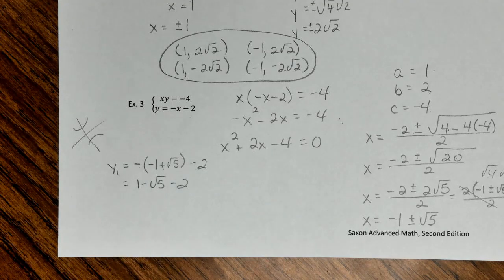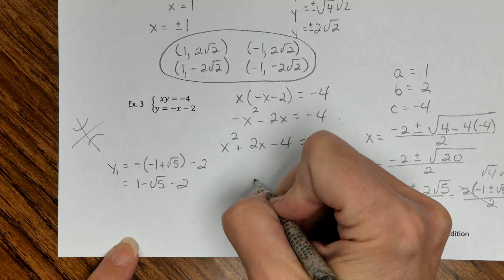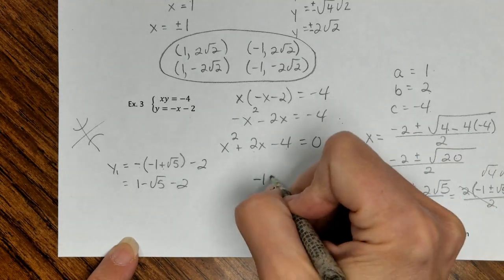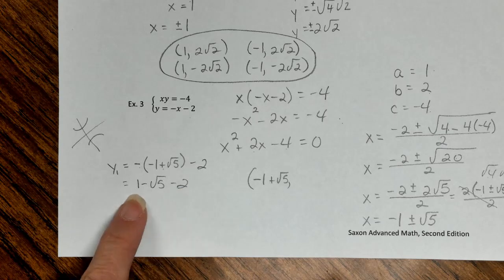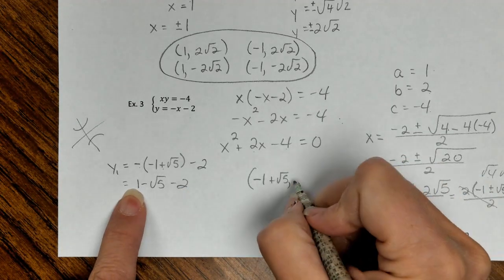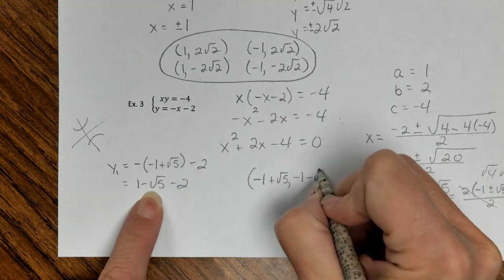Okay, so that one I had for x negative 1 plus root 5, and I'm getting negative 1, my like terms there, minus root 5.